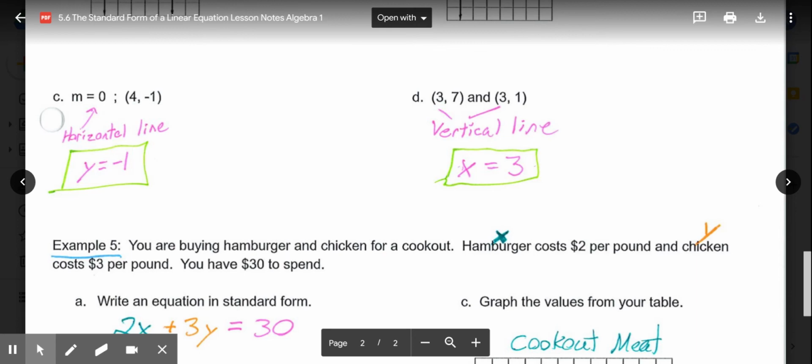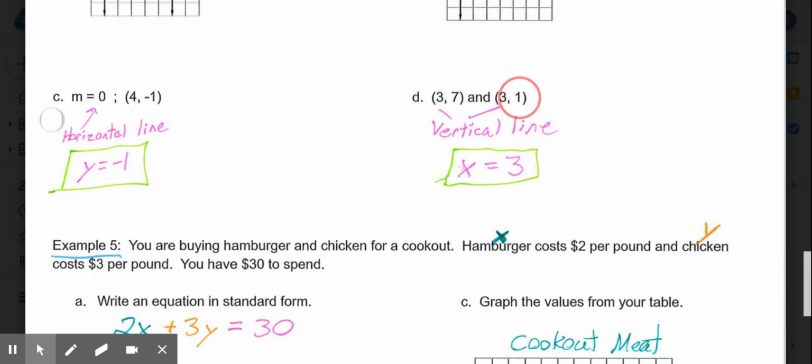And then in D, we have (3, 7) and (3, 1) as our coordinates. If you ever have the same x values, so both x's are at 3, that tells me I have a vertical line. So in that case, if the x values are the same, I get a vertical line through 3, so my equation would be x equals 3.